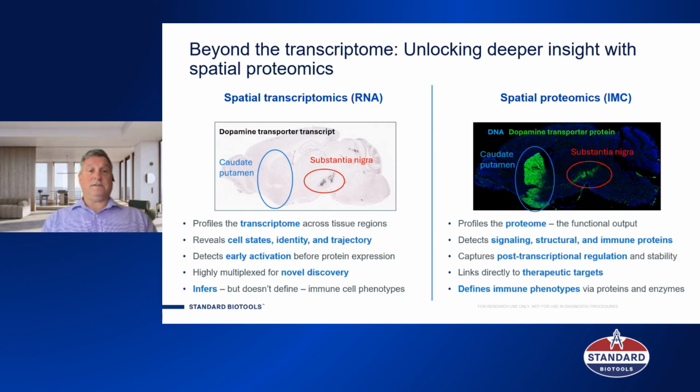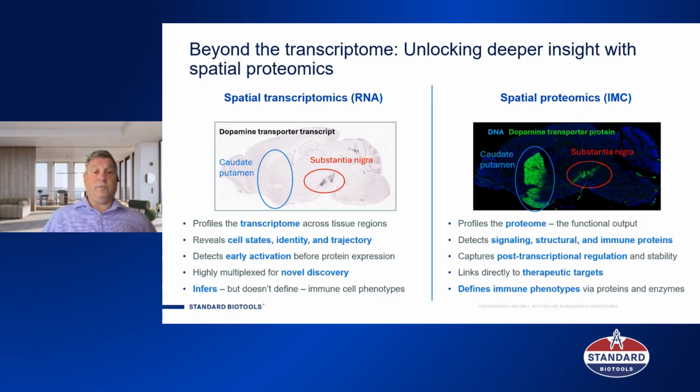Spatial transcriptomics is an excellent technology. People have done some really wonderful studies on it. And spatial proteomics is similarly excellent, but they don't show the same thing. You can tell really clearly from this example. This is a mouse brain. In the area of the substantia nigra, there is a similar but not the same expression between the transcript for the dopamine transporter and the dopamine transporter protein.